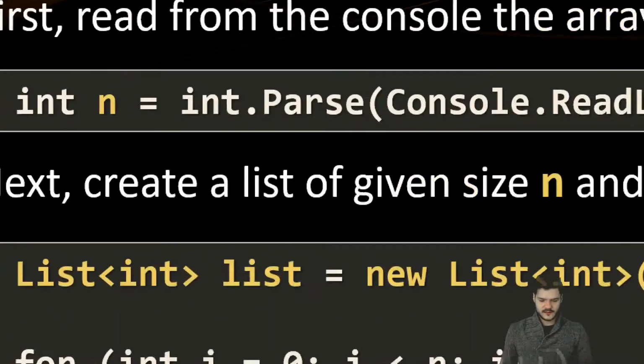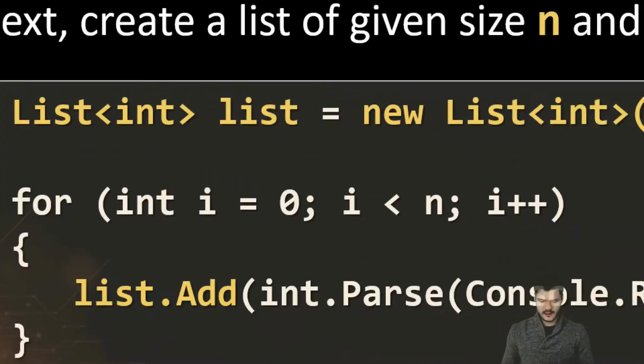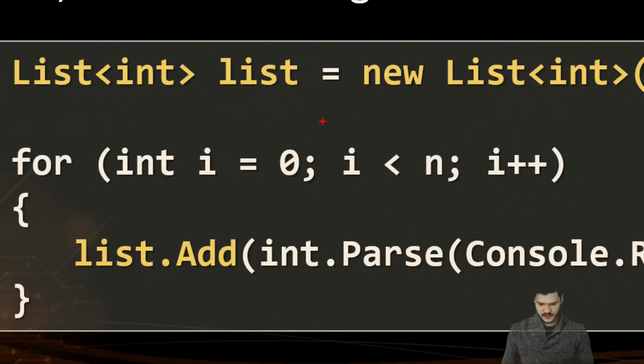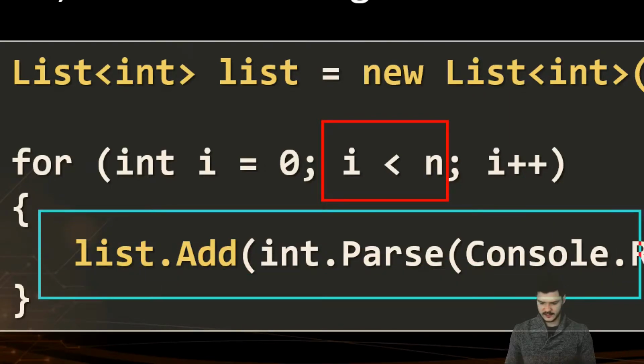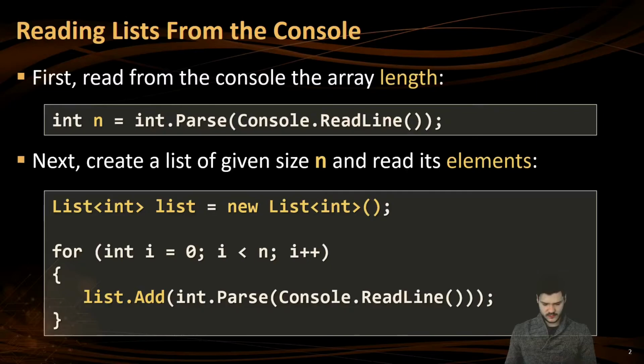Create a list of given size n and read its elements. As you can see here, we go from 0 to n, and we add to the list, right? It's something very easy.